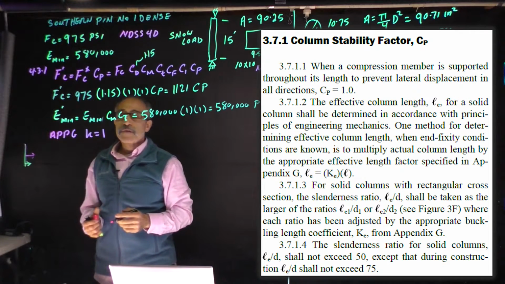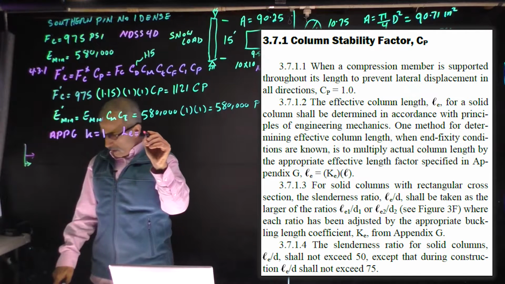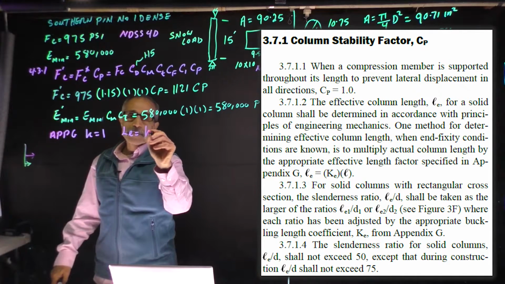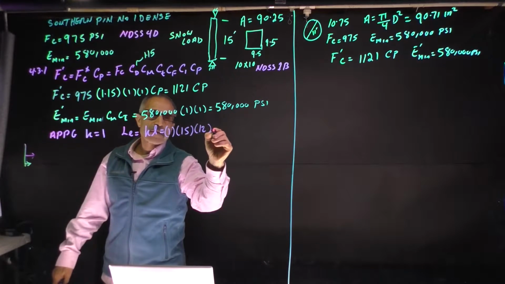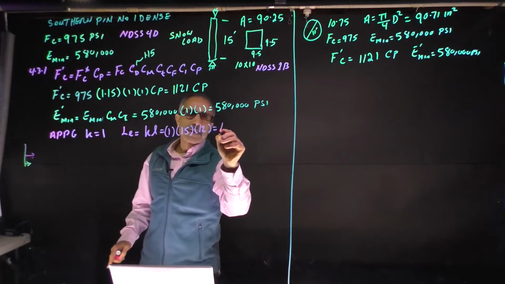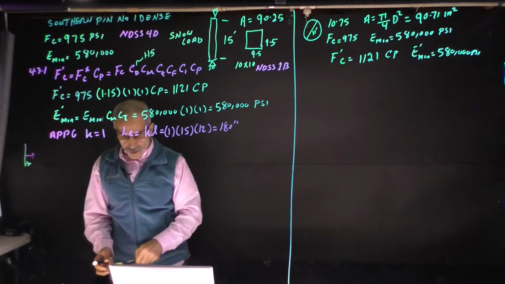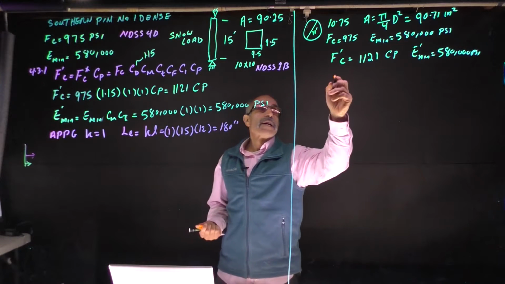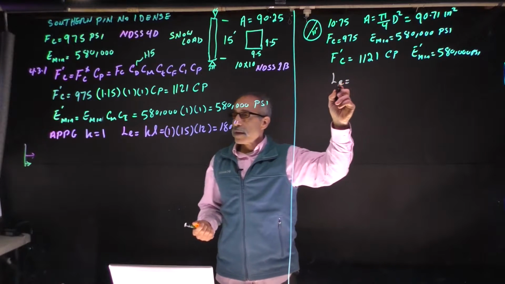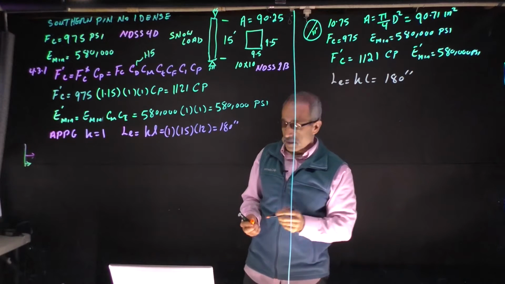So from that same table, Le is equal to K times L, which is 1 times 15 times 12, and that comes out to 180 inches. Same thing here, Le is K times L, which is 180 inches.